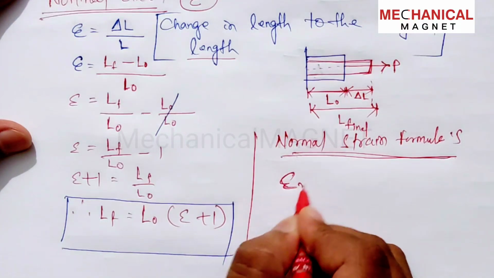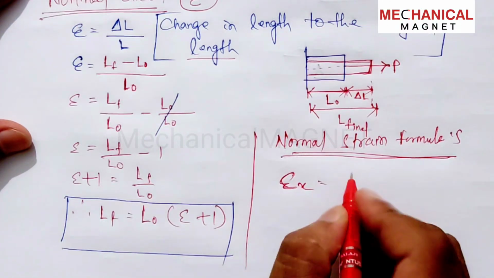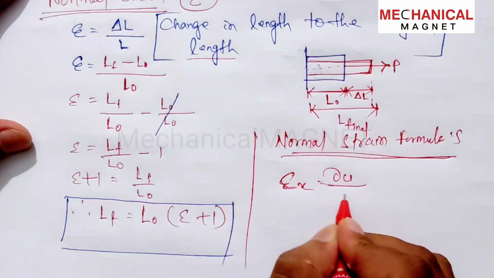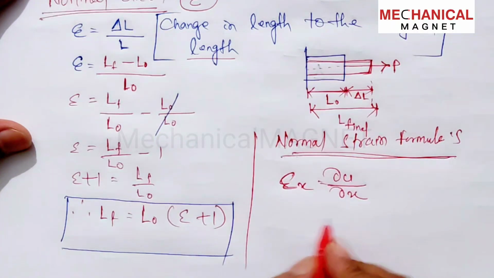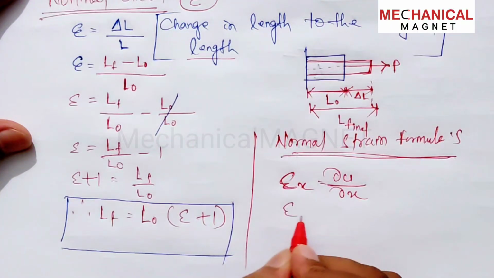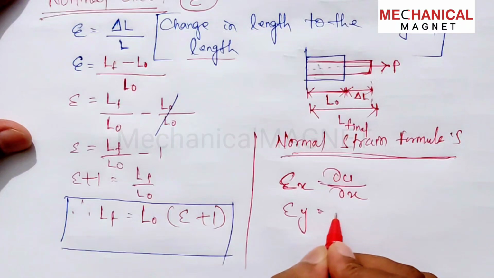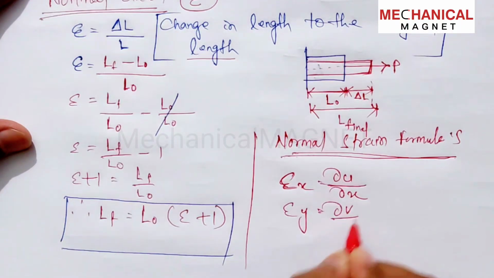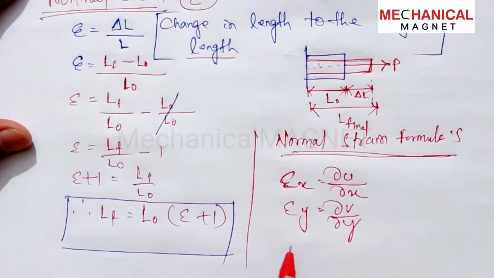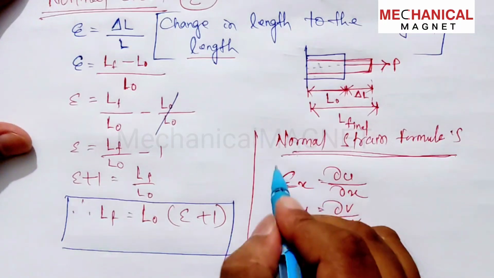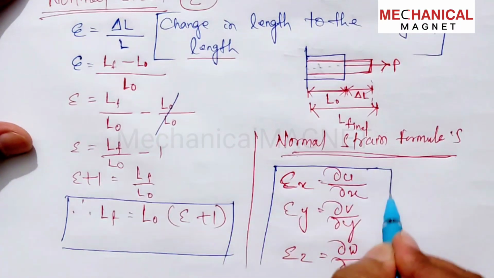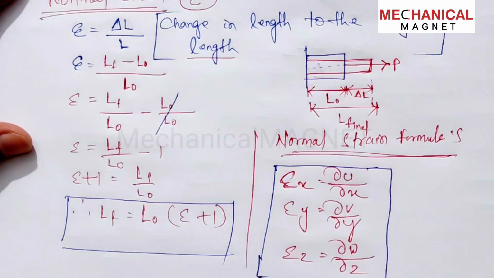Suppose the strain acts along the x-axis, it is del U by del X. If the strain acts in the y direction, then del V by del Y. If the strain acts in the z direction, then del W by del Z. This is the normal strain formula, and you have to remember it.